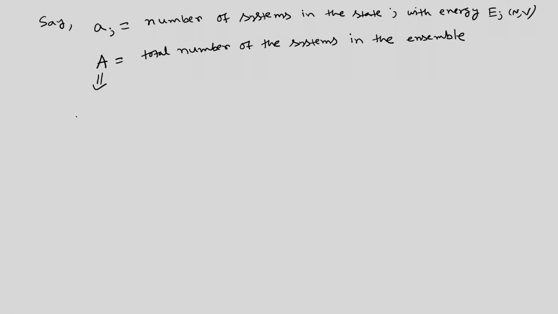And this A is usually a very, very large number. So, we defined two quantities, Aj and A, where Aj is the number of systems in the state J with energy Ej, and capital A is the total number of systems in the ensemble.